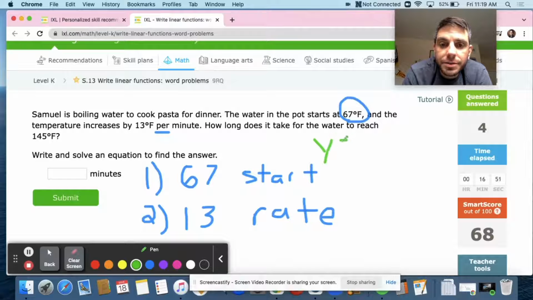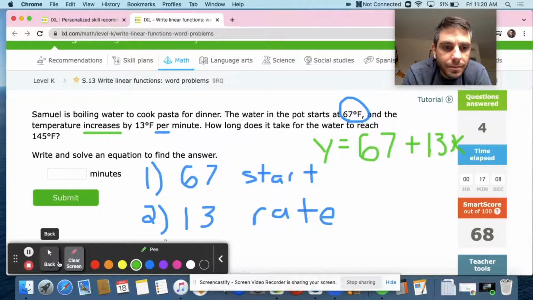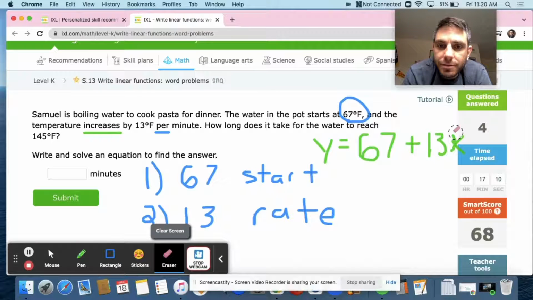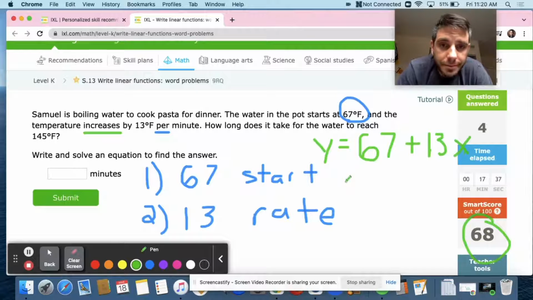Y equals our starting number, 67. It increases, so plus 13 per minute, 13 times x. And that would be our equation. Y equals 67 plus 13 times x.